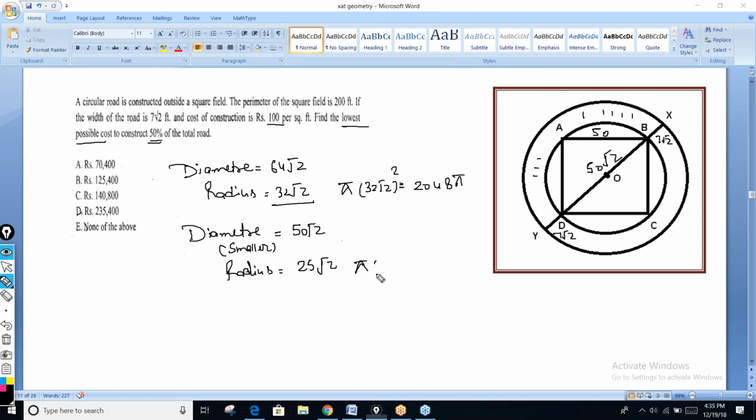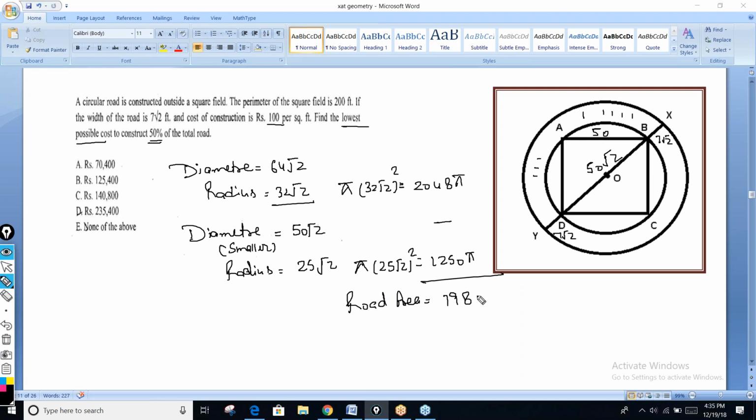The area of the smaller circle is 25 root 2 squared, which is 625 into 2, 1250 pi. The area of the road comes out to be 798 pi.